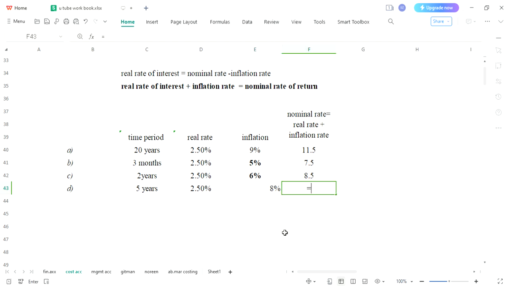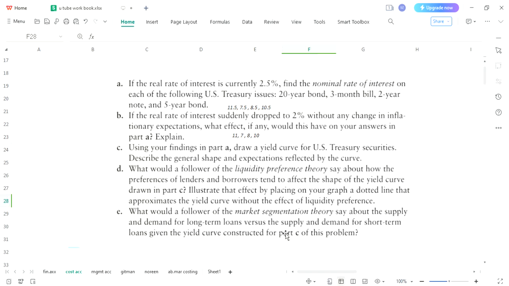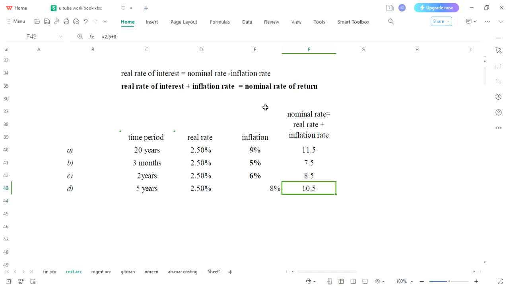Finally you will add real rate and inflation. Real rate 2.5, inflation rate 8. We'll have to put it manually, otherwise. So 2.5 plus 8%, we have got 10.5%, and answer was mentioned as 10.5. So in this way our first part, A part, has been completed.